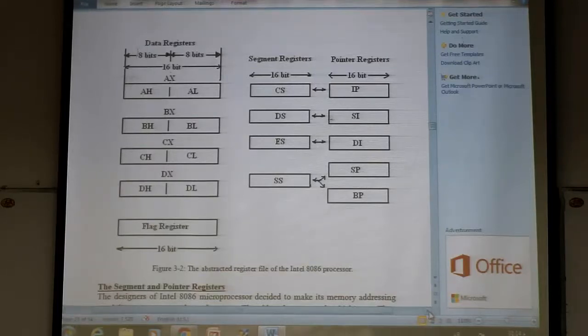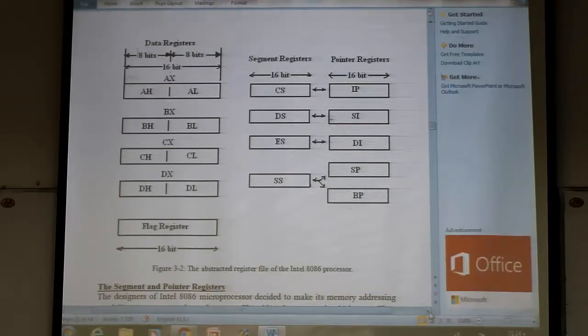Now we have the registers. First, the data registers, which are used for the temporary storage of data. Temporarily, we store the data that we need for the operations in AX, BX, CX, DX.